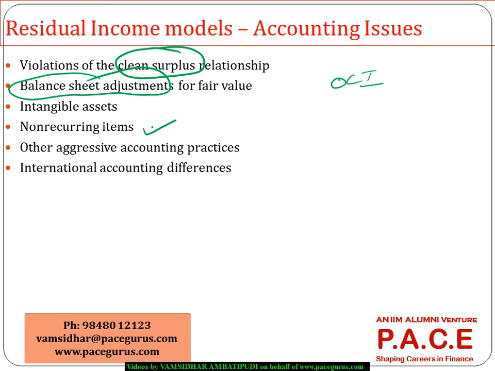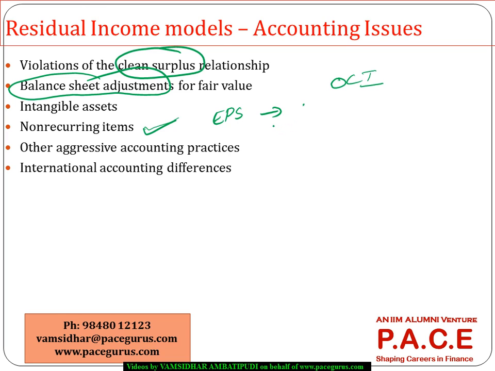Make sure that all the non-recurring items, for computation of the EPS, we get into the process of normalizing the EPS, wherein we remove all the non-recurring items before going forward with computing the residual income itself.